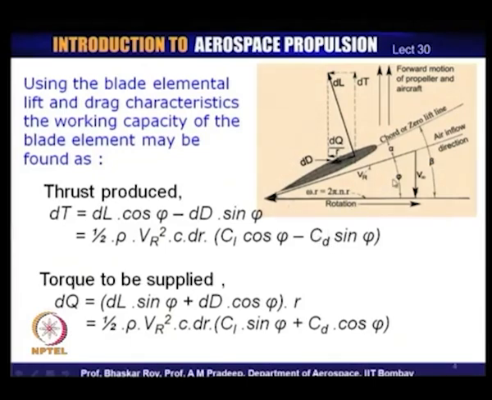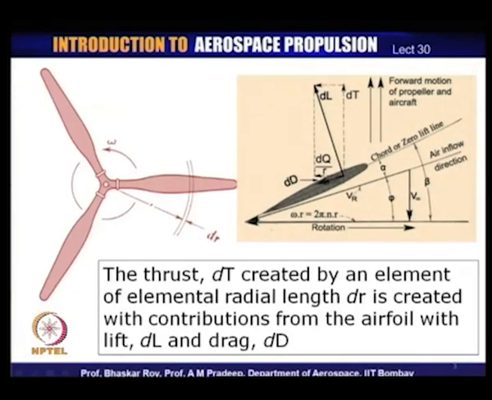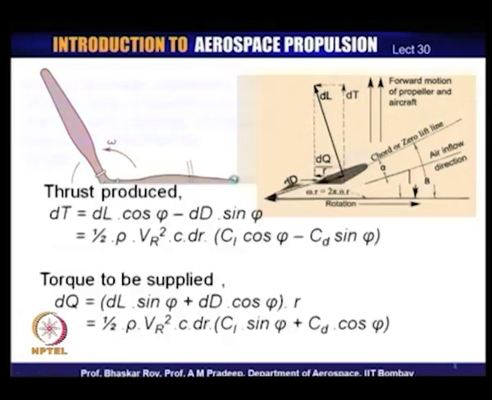Phi is the angle at which the flow is coming into the blade, and C is the chord of the particular blade section. As we have seen in the earlier diagram, the actual value of the chord could vary quite a lot from the root to the tip of the blade. So, the chord would vary from one section to another.